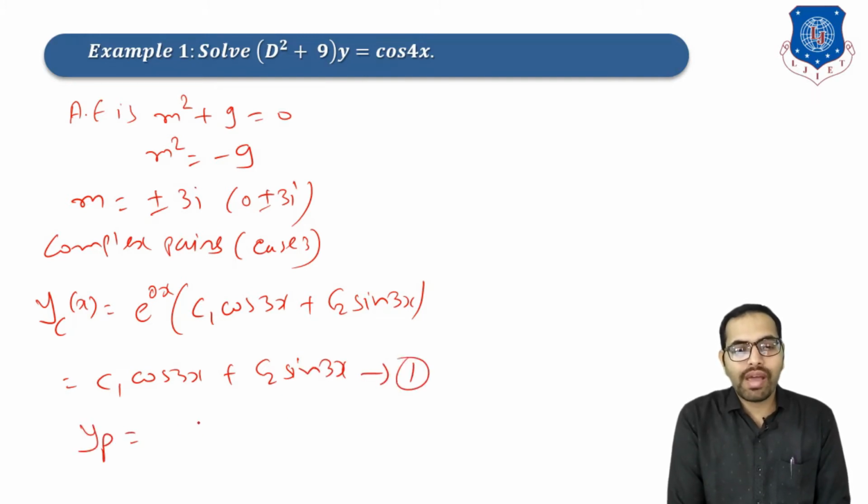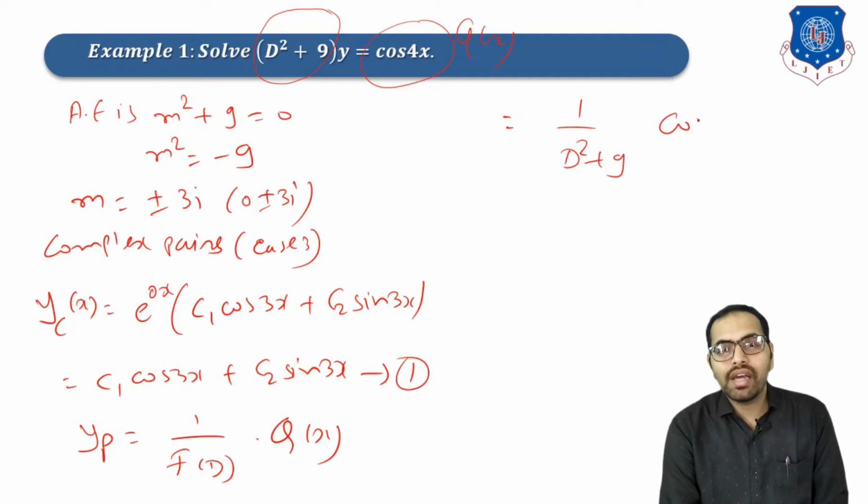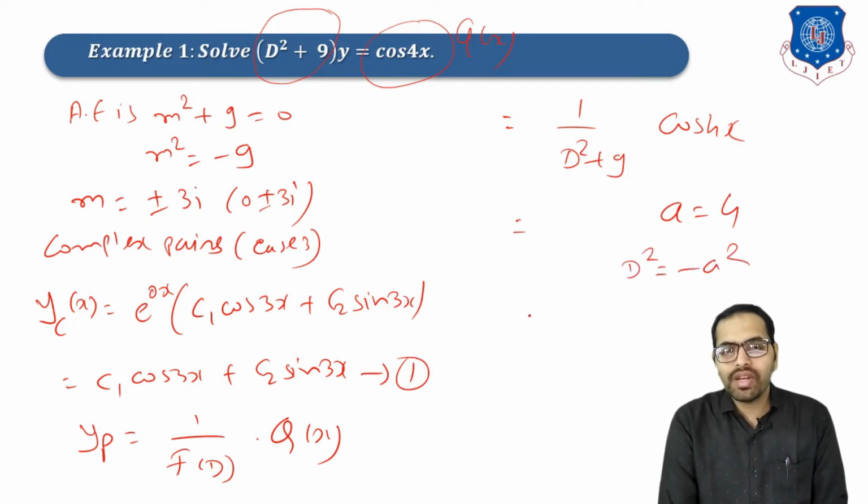Now we have the formula yp is equal to 1 upon f of D into q of x. Now substituting the values, this term is indicated by f of D and this term is indicated by q of x, so 1 upon D square plus 9 into cos 4x. See here, the value of a is equal to 4, then replace D square equal to minus a square, then 1 by minus 4 square, this one is square inside the bracket, the minus sign stays as it is, 4 square plus 9 into cos 4x.